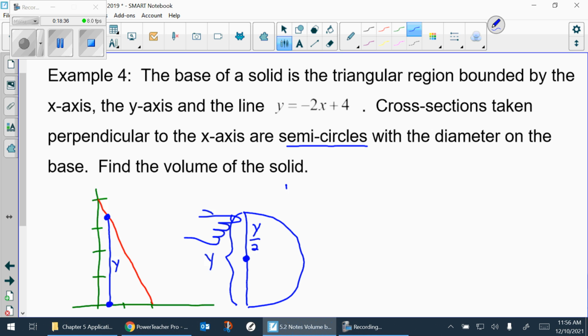And the area of any semicircle is pi times the radius squared divided by 2.